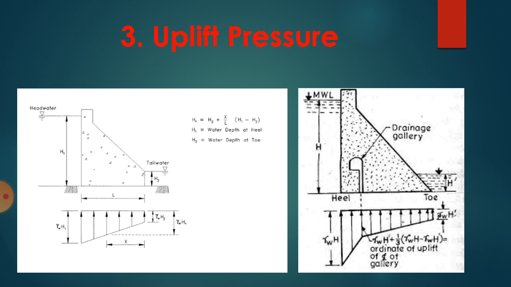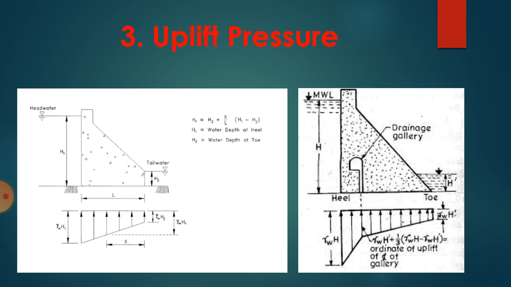You can easily see that when no drainage gallery is provided, the uplift pressure at the heel will be gamma W H1, and the uplift pressure at the toe will be gamma W H2.